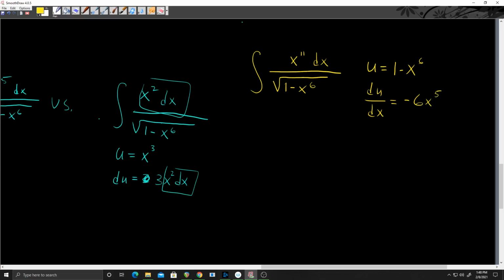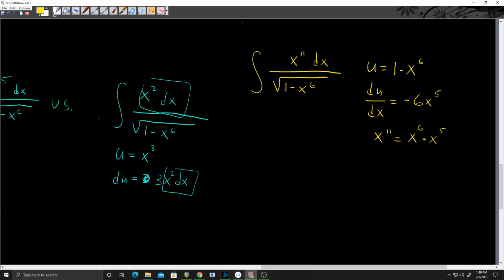And then x to the 11 is just x to the 6 multiplied by x to the 5. So wow, that is really, really cool. We can actually do this without an inverse sine. Okay, let's look at this. Can we do this either way? I think we can do it either way. Let's see if we can.